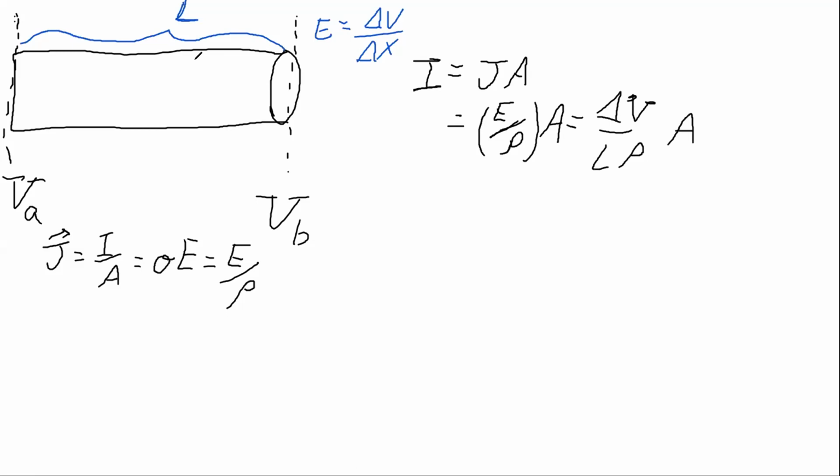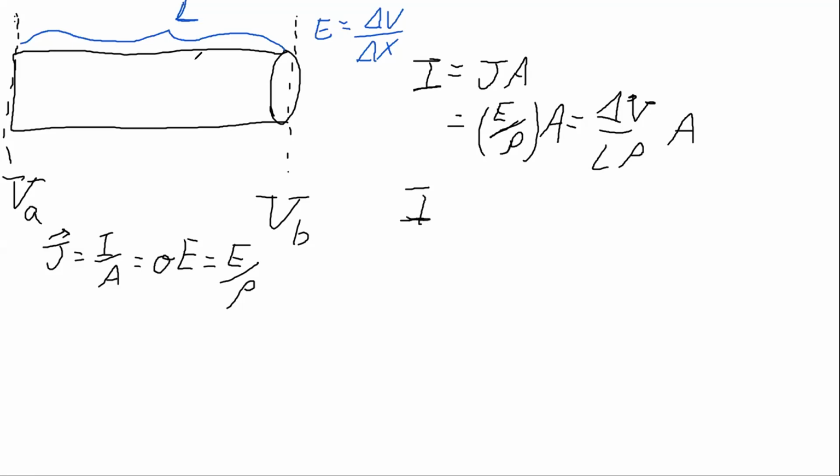Okay, so we got this equation there. It looks kind of messy, right? Change in voltage, length on the bottom, resistivity in the denominator times area. So this usually gets grouped together.